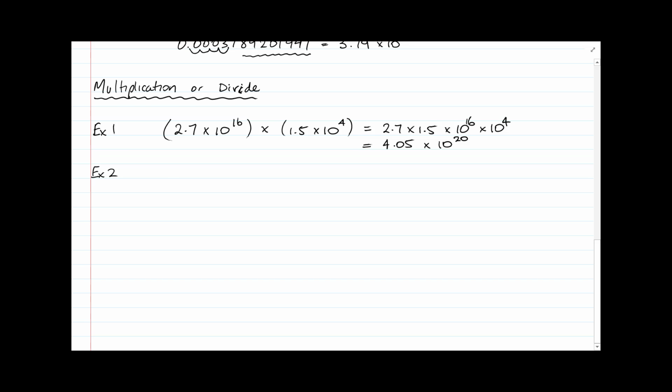Let's have a look at a second example. In this example, I've got 1.78 times 10 to the power of negative 3 times 5 times 10 to the power of 10.